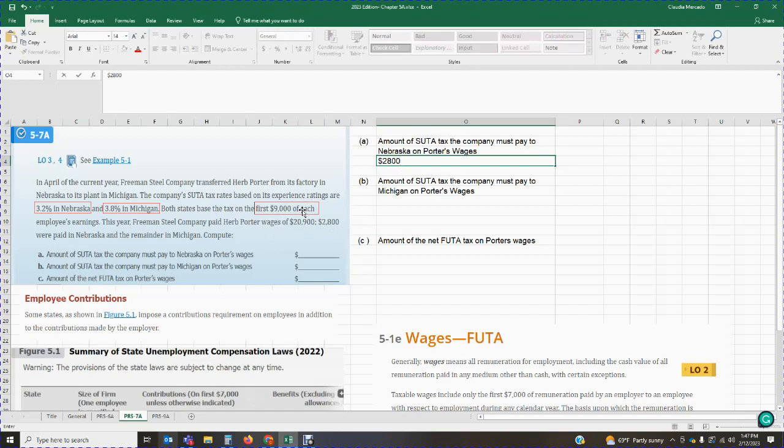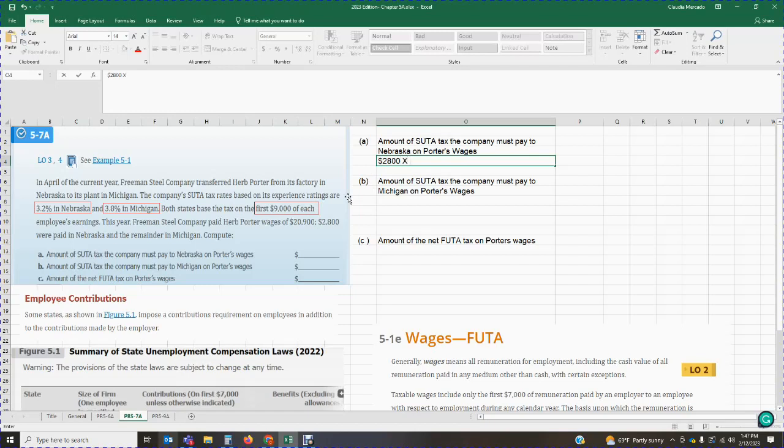Remember, we only pay SUTA taxes on the first $9,000 for Nebraska, okay, and Michigan. Both states have a cap of $9,000 for state unemployment purposes. Since the answer is no, $2,800 is less than the cap, we are going to say that the whole $2,800 are taxable for SUTA tax purposes.